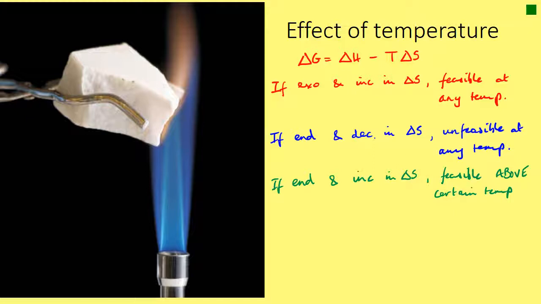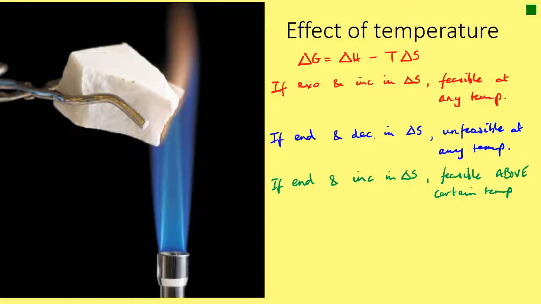It's above a certain temperature because as temperature increases, our term T times delta S increases more than delta H is positive, such that delta G will be negative overall, and the reaction will be feasible above that certain temperature.